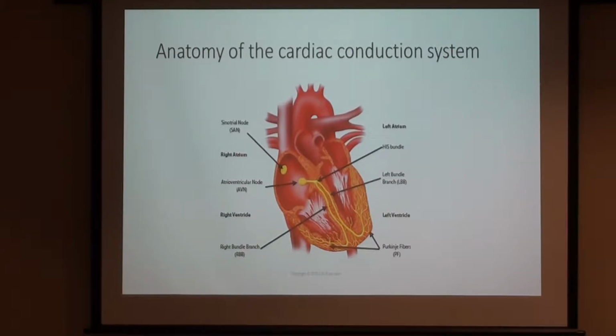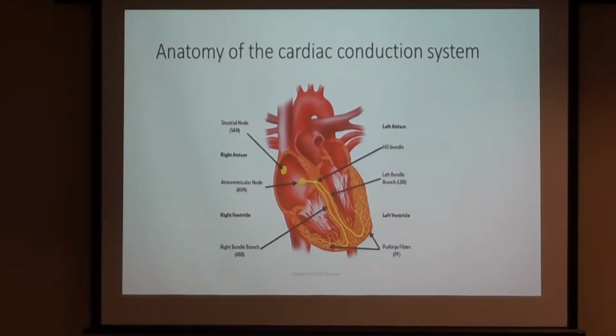So the AV node is depolarized by this wave of depolarization that travels through the atria. It gets activated, and it serves two main functions. First of all, it receives that impulse and delays it a little bit, and then it distributes it to the ventricle. So that's the AV node's purpose.